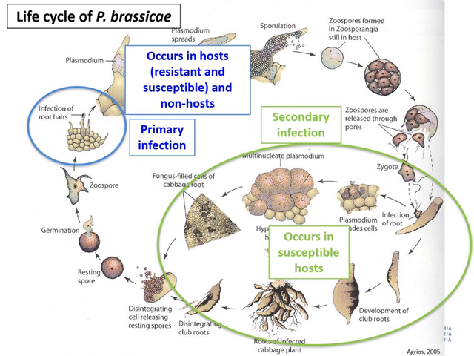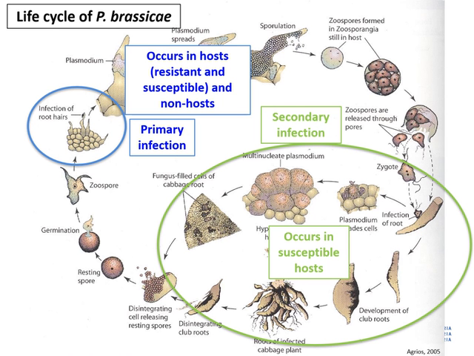The infection of root hairs occurs in hosts and in non-hosts, and it occurs in both resistant and susceptible hosts. So this can occur in basically any plant, this primary infection. But obviously in non-hosts, this is where it's going to end, as well as in resistant or tolerant hosts. It will not develop any further than production of a plasmodium.